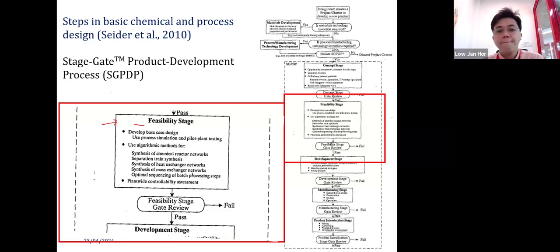After that, based on the selected technology and process, you use the simulation software to come up with a process flow sheet, and connect all the equipment together, and then you can solve all the unknowns. For example, the heat energy involved, the mass flow rate, the volumetric flow rate, by using the simulation software.